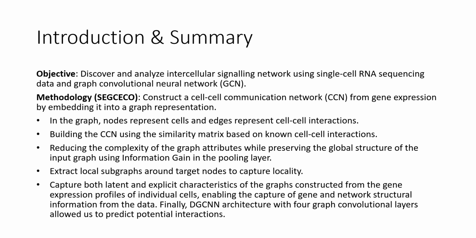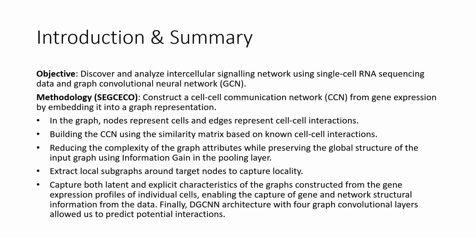We build the cell-cell network using a similarity matrix based on non-cell-cell interactions, and then reduce the complexity of the constructed graph attributes while preserving the global structure of the input graph, using information gain dimensionality reduction in the pooling layer.